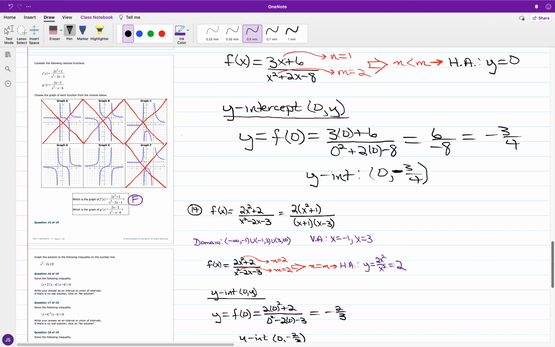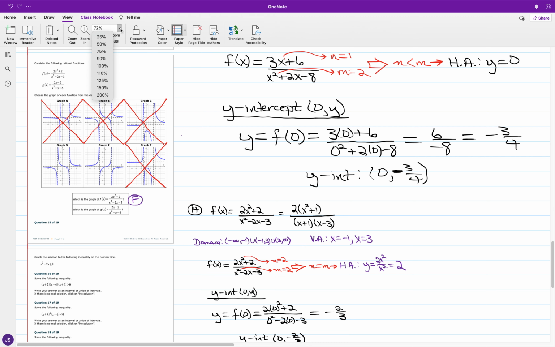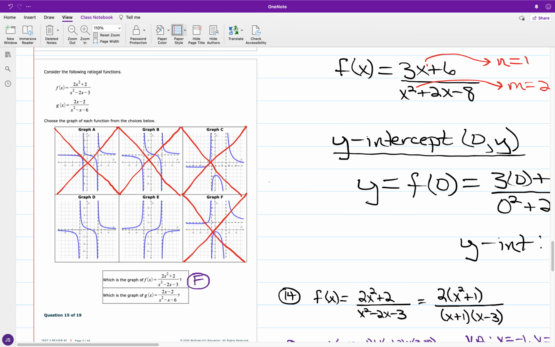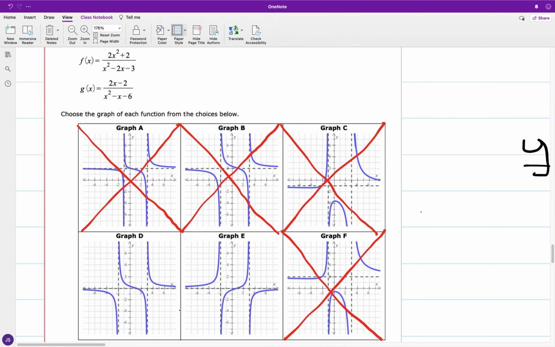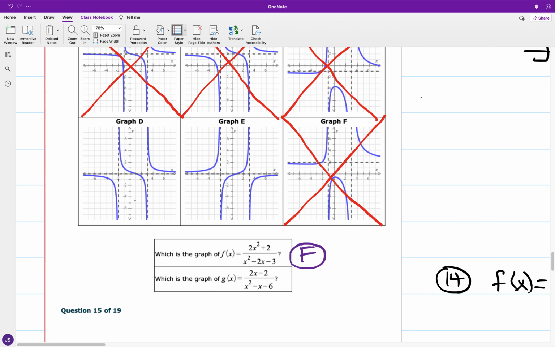And just going back to what we have here. Where y is just positive, that is going to be in graph D, whereas in E, it is barely negative.